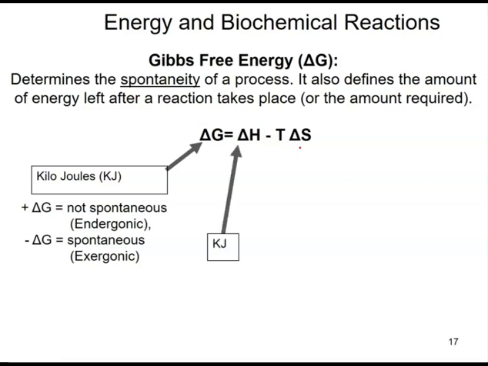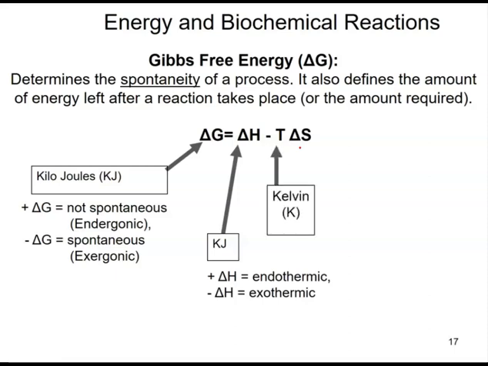The change in enthalpy is generally also going to be in kilojoules. We've heard these terms before, endothermic and exothermic. We're talking about the heat energy that's involved. The temperature is always going to be in Kelvin, and the reason for that is Kelvin values are never negative. That helps us not mess around with positives and negatives.